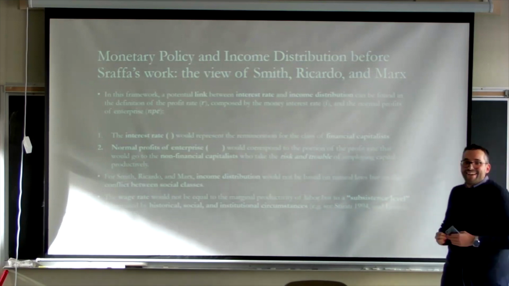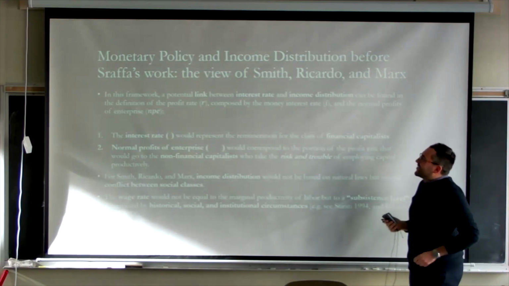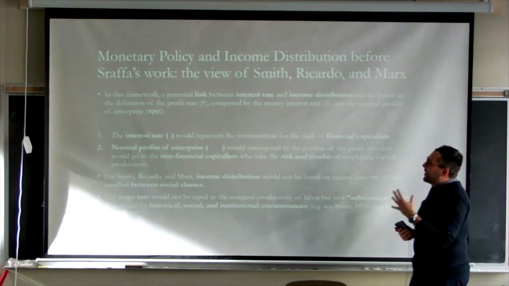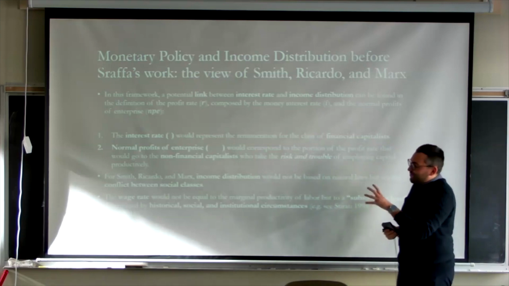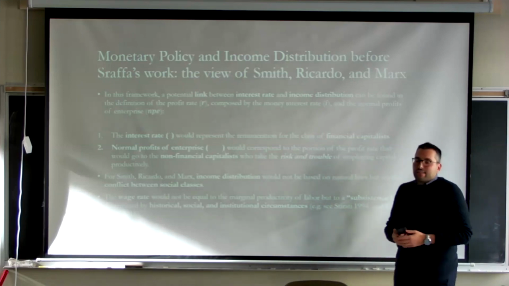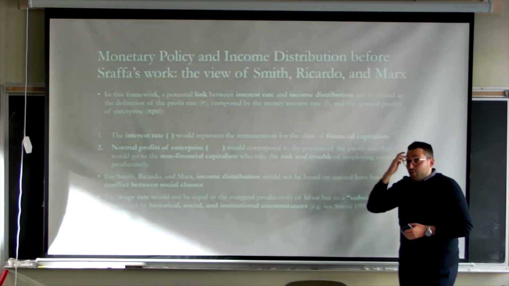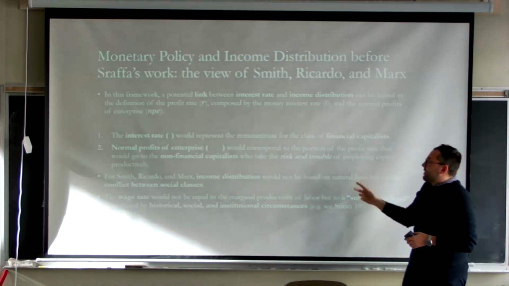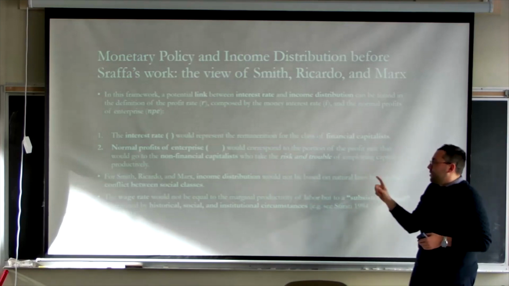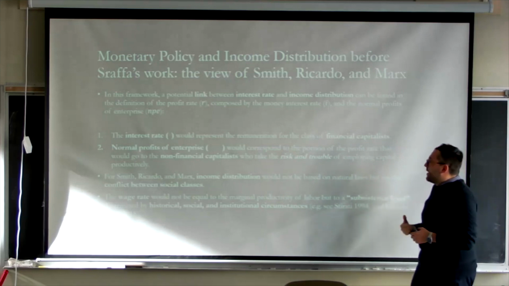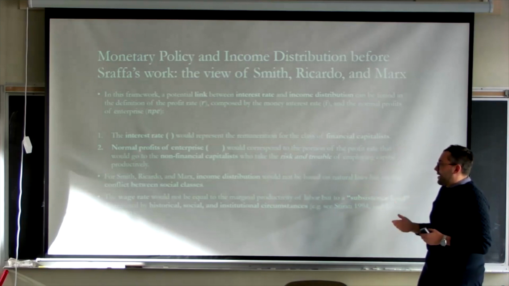A potential link between monetary policy and income distribution in this approach is given by the rate of profit equation, which is equal to the interest rate, representing the remuneration of financial capitalists, plus the normal profits of enterprise, representing the remuneration of non-financial capitalists who take the risk and trouble of employing capital productively.